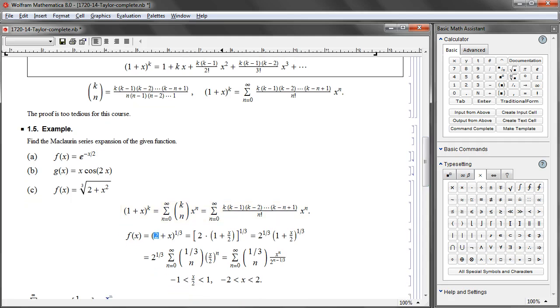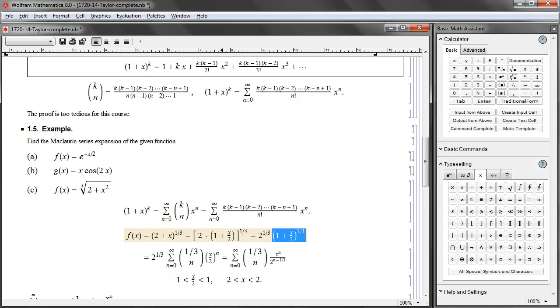And we need 1 here, so what we do, as before, is factor 2 out, and we have 1 plus x over 2. And factor 2 out completely, then we have 2 to the 1/3 power, or cube root of 2. And then we have this binomial.